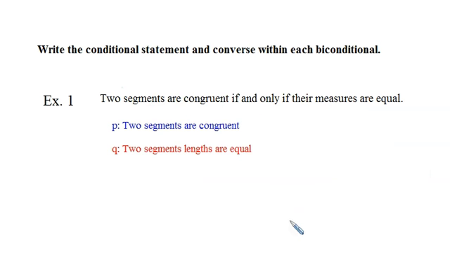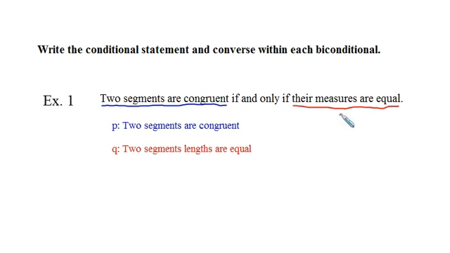So one of the first types of problems that we encounter whenever we dig deeper into biconditional statements is to be able to write the conditional statement and converse within each biconditional. So we want to identify the two statements, the first statement and then the second statement.